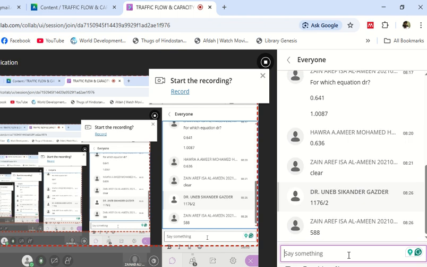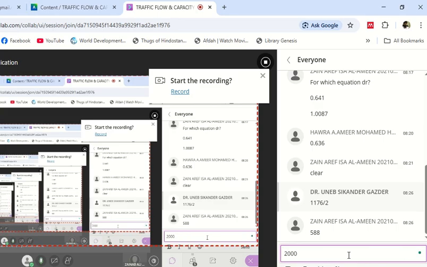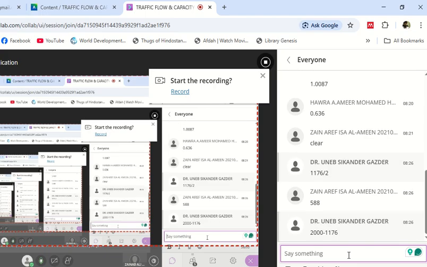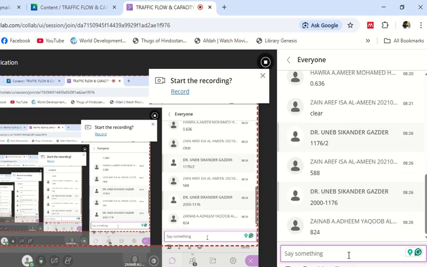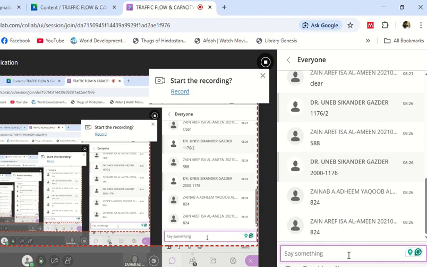Now they are saying the outer lane per lane. If you subtract 1176 from 2000, how much do you get? Now they are saying this 824 should be 1.5 times 588 or less.